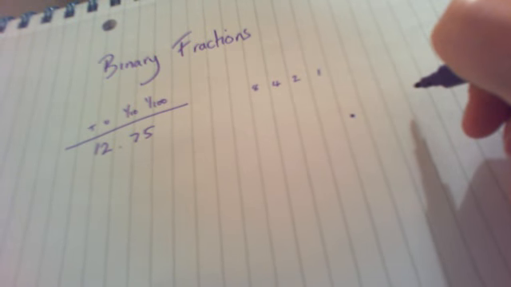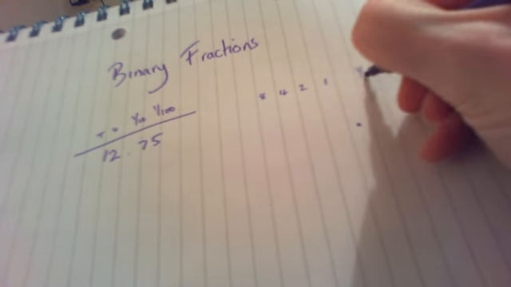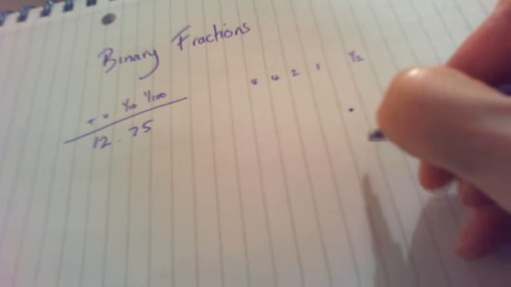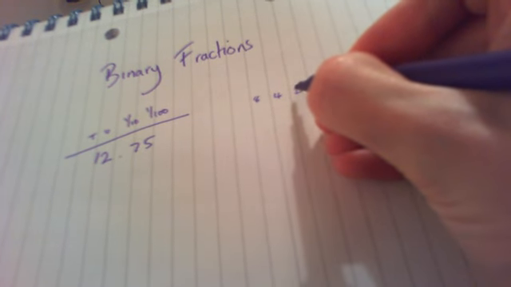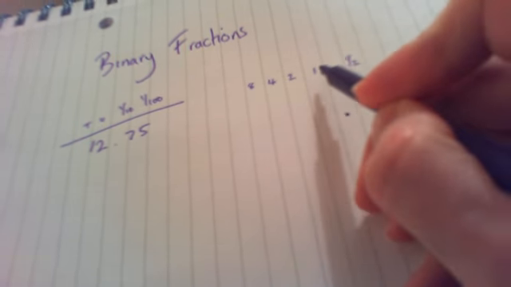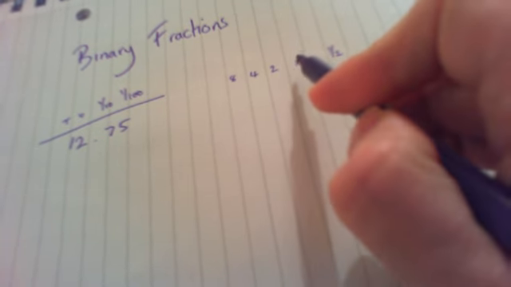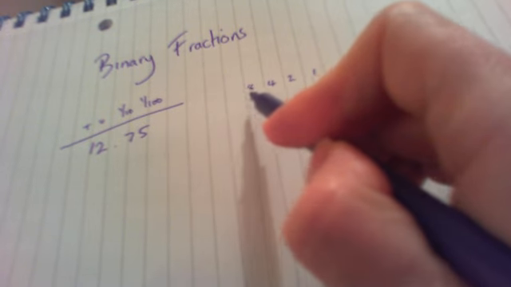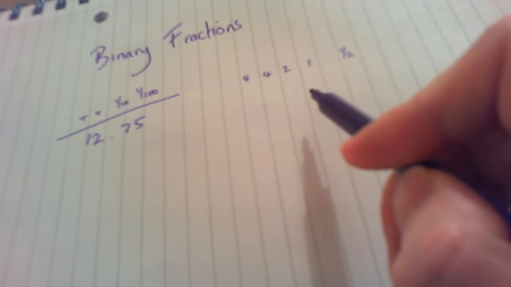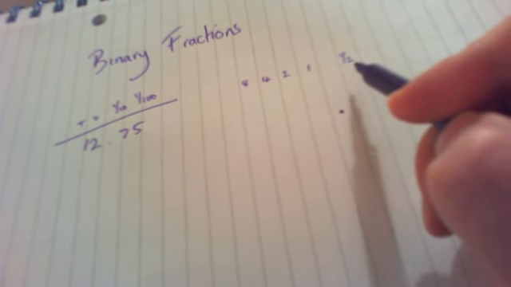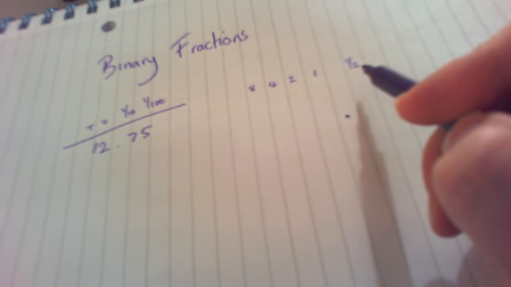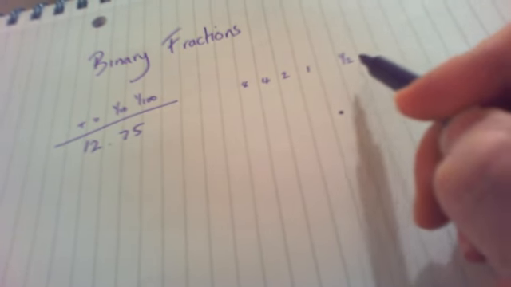Past this we have half. So this side of the binary point we're timesing it, so it's doubling it every single time. Okay. This side of the binary point we are halving it.